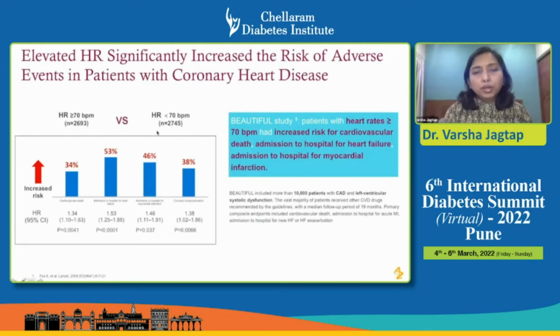When these two groups were compared, the group of patients who had a higher heart rate had almost 34% increased risk of dying from a cardiovascular event, 53% increased risk of admission for heart failure, 46% increased risk of admission for myocardial infarction, and 38% increased risk of needing a coronary revascularization. So, as you can see, all these p values are significant, and they tell us that elevated heart rate is something that we should not neglect.